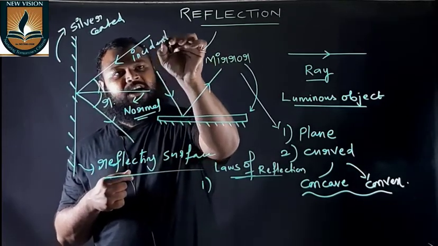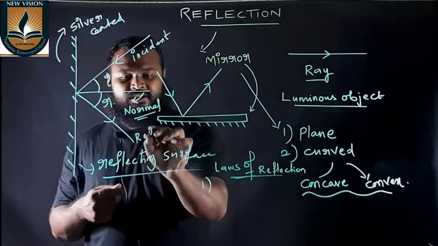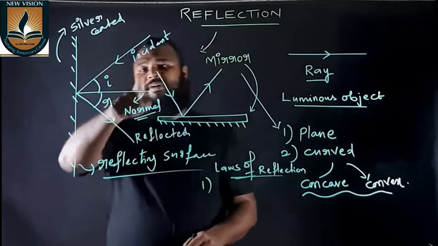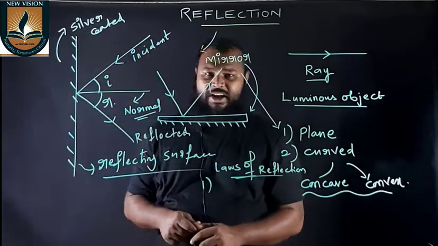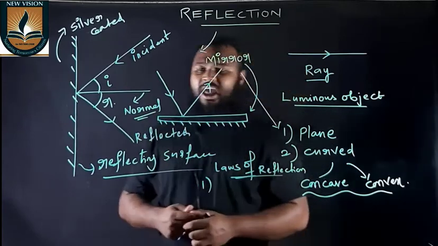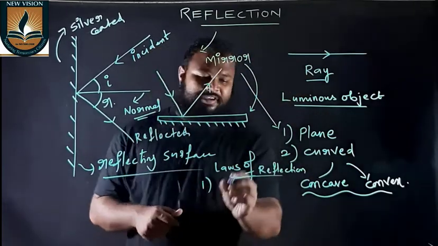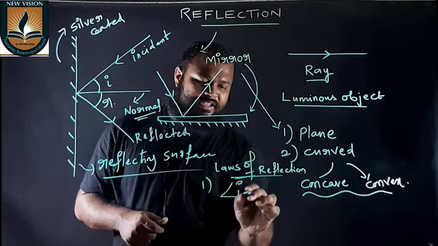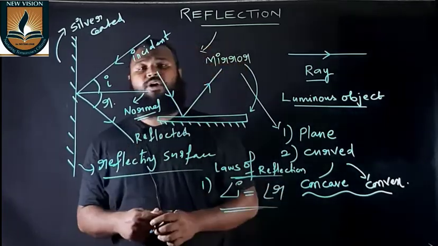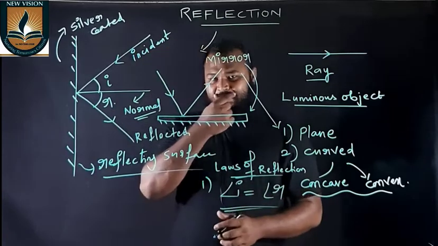Incident ray. And what is this ray? Reflected ray. The angle made by the incident ray with the normal is called angle of incidence, and the angle made by the reflected ray with the normal is called angle of reflection. The first law is that angle of incidence is equal to angle of reflection. This is a very important point in the case of a plane mirror.